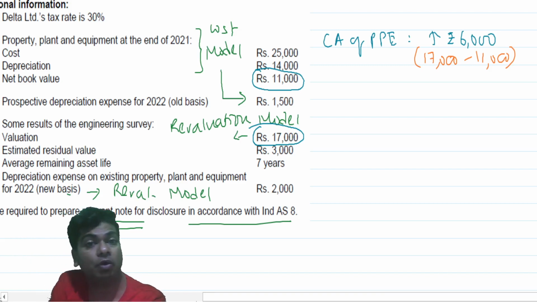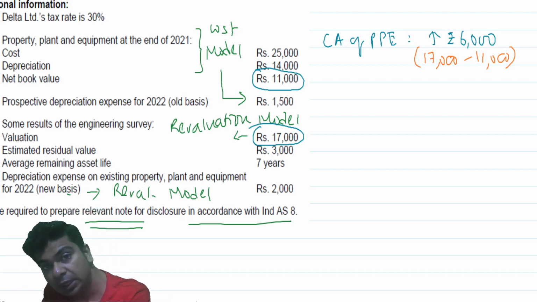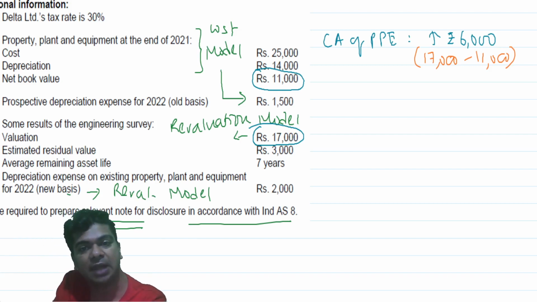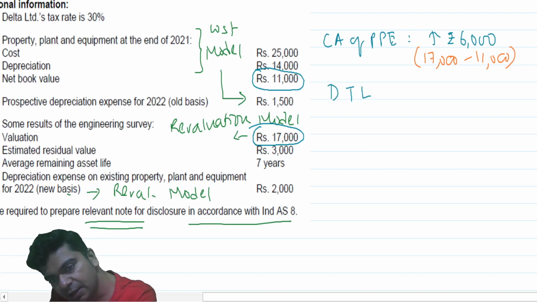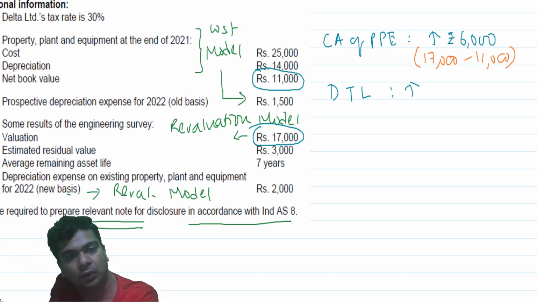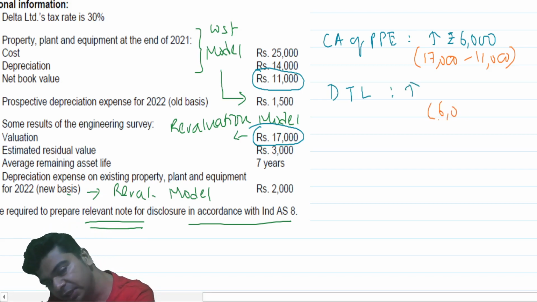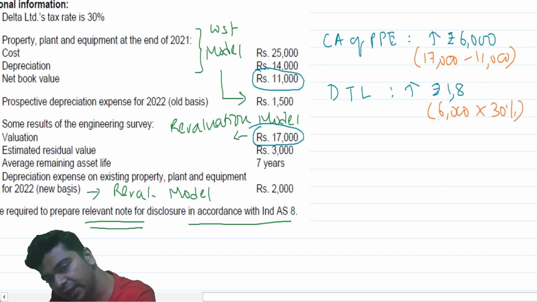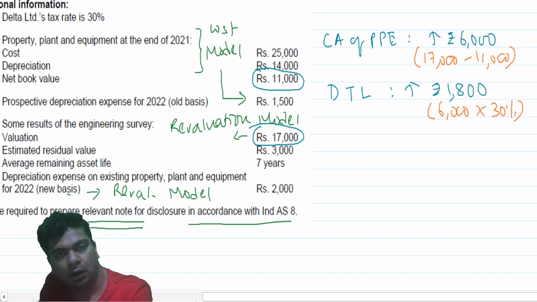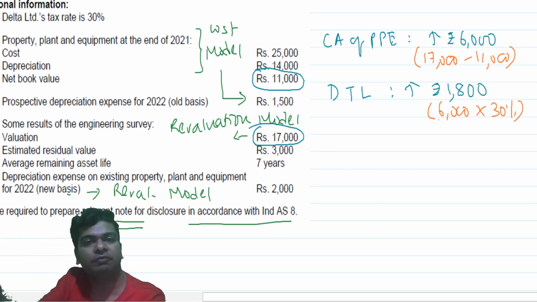If the carrying amount of the asset is increasing by 6,000, then this 6,000 is also a temporary difference. It will be a taxable temporary difference, and on that you will have to recognize deferred tax liability. Deferred tax liability will increase. 6,000 into 30%. The tax rate is 30%. Deferred tax liability will increase by rupees 1,800. You are increasing the value of the asset.